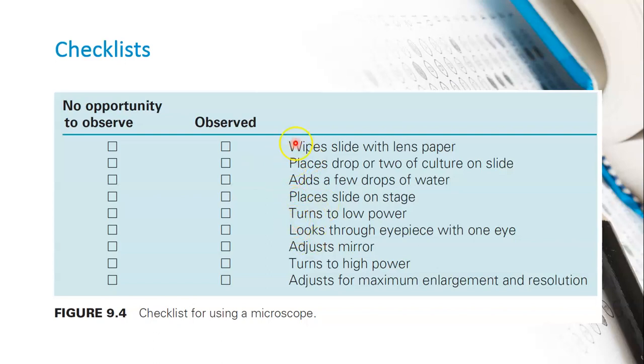For example, how well the student wipes the slide with the lens paper is either yes or no. If the student wipes a little bit, but it's not done well, we still have to say it is observed. So a checklist doesn't offer information on the quality of the performance being done.